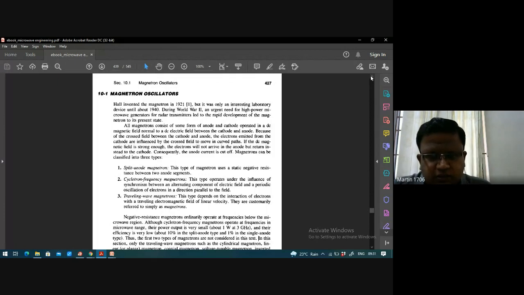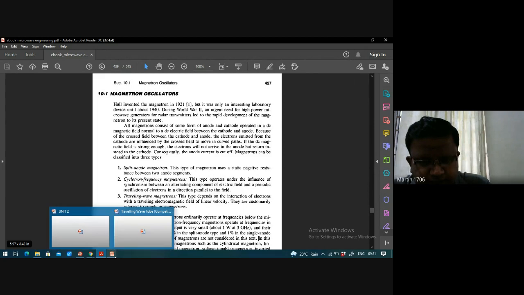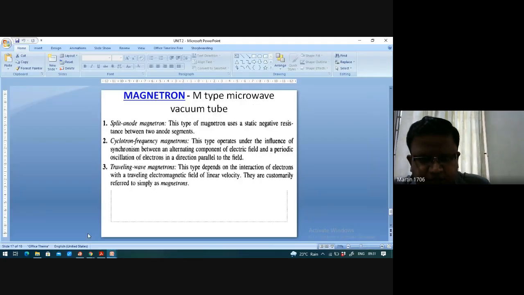So, the magnetic oscillator or magnetron oscillator. I have given a few different types of the oscillator in your PPT also: the split anode magnetron, cyclotron frequency magnetron, and traveling wave magnetron.